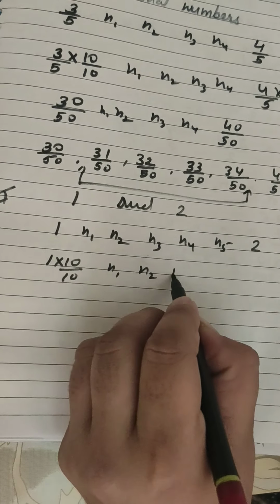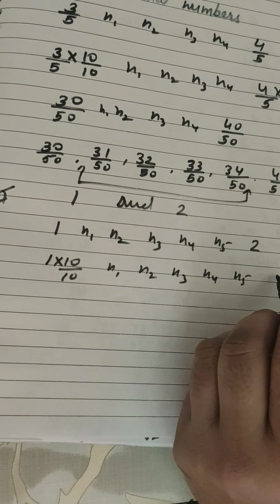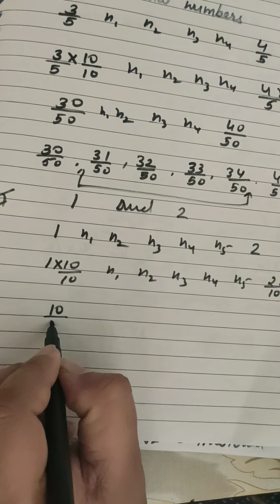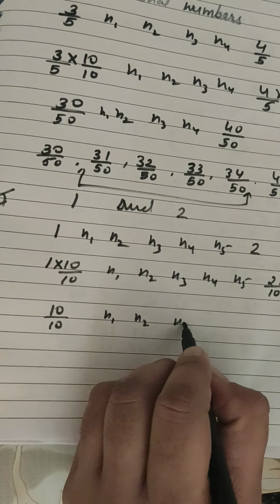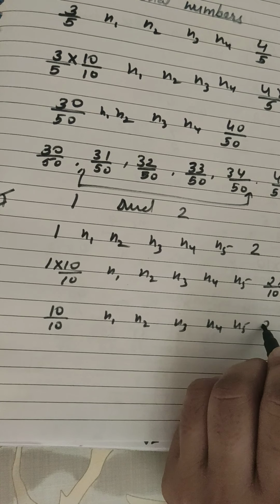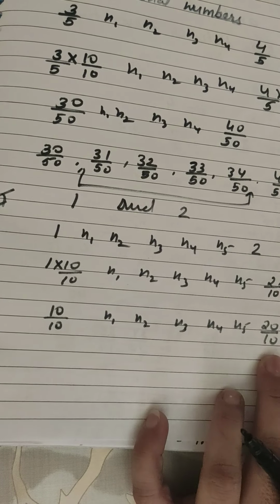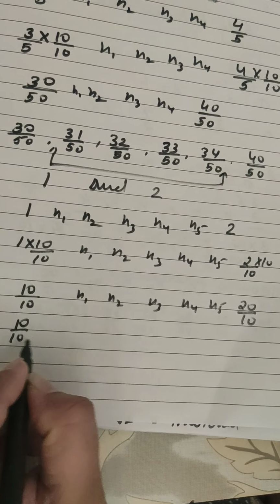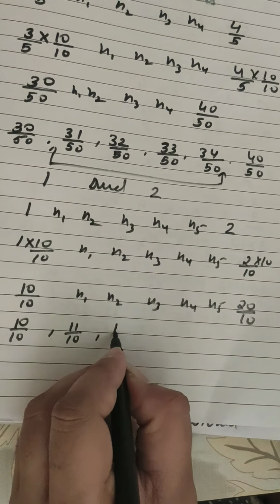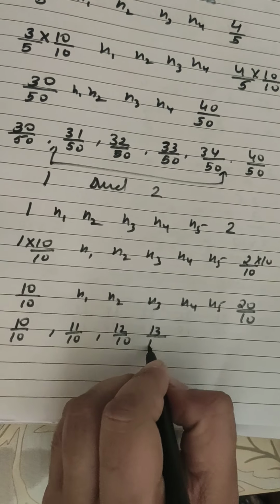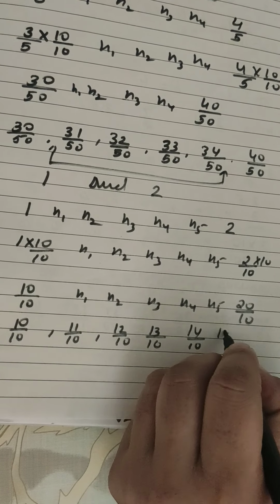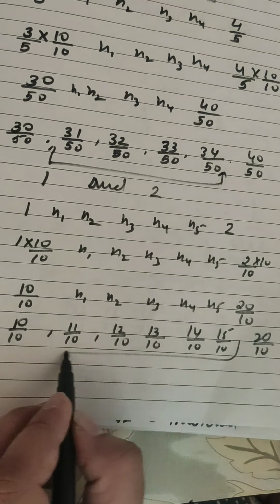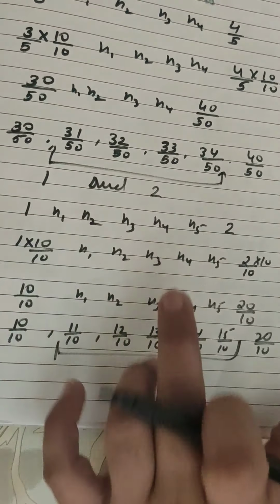Here 2 is 20 divided by 10, and 1 is 10 by 10. As the denominators of both numbers are the same, I can make a series: 10 by 10, 11 by 10, 12 by 10, 13 by 10, 14 by 10, 15 by 10, up to 20 by 10. So these are the 5 numbers between 1 and 2.